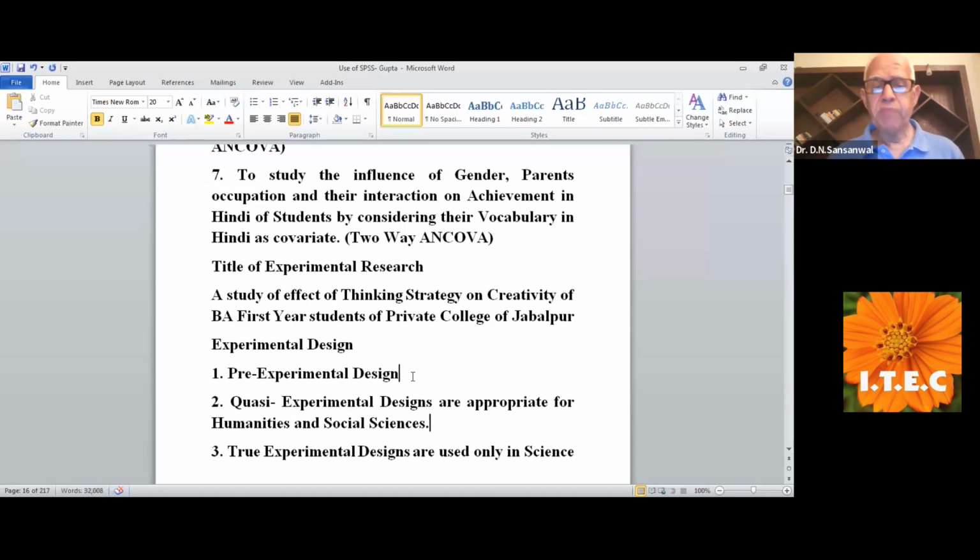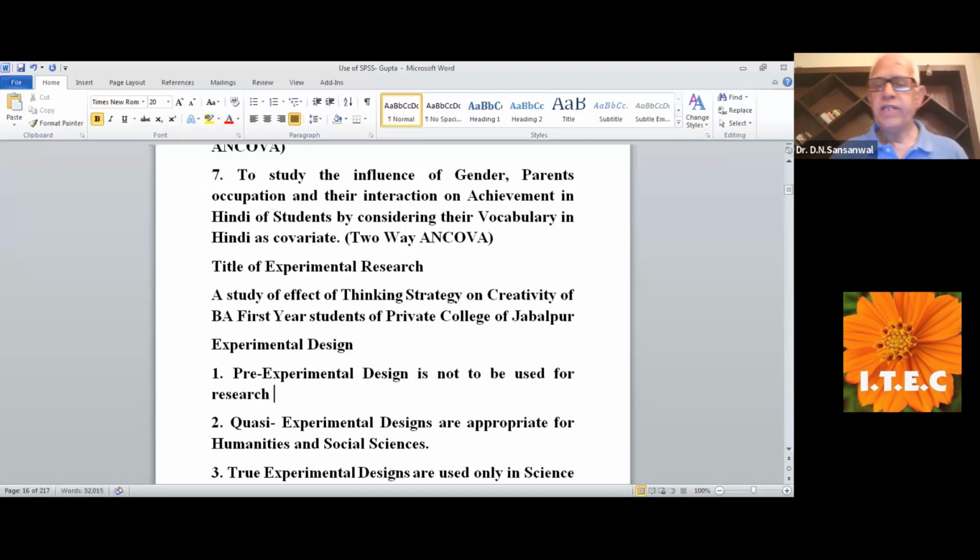And pre-experimental design is not to be used for research, not to be used for PhD degree research.